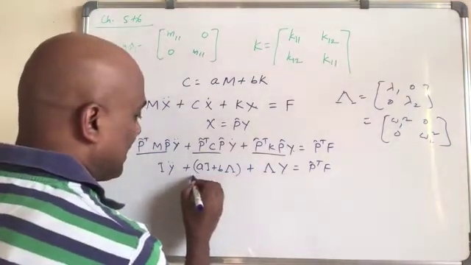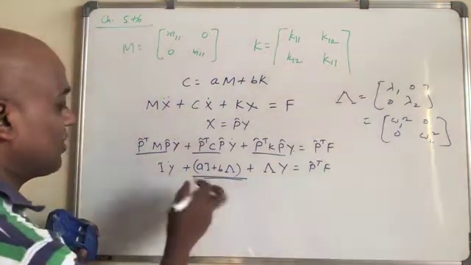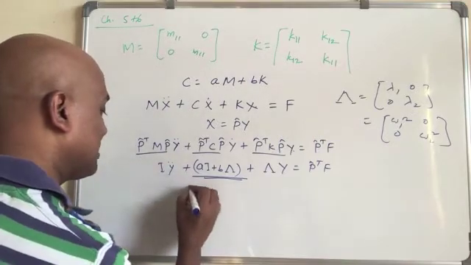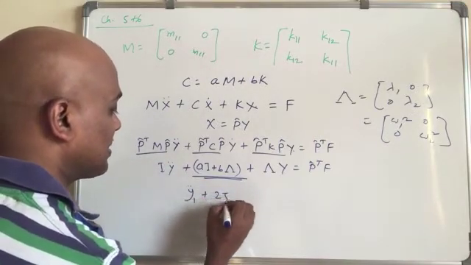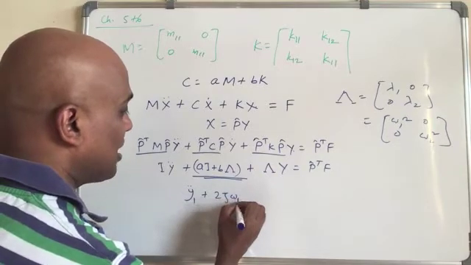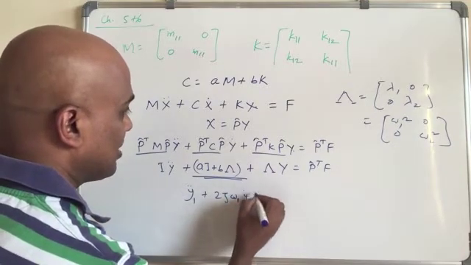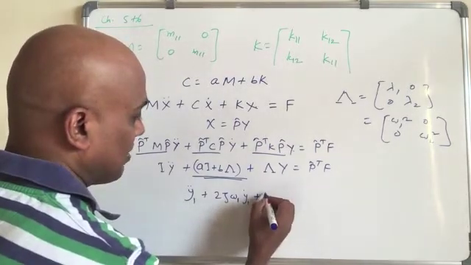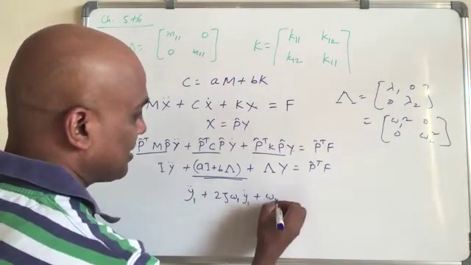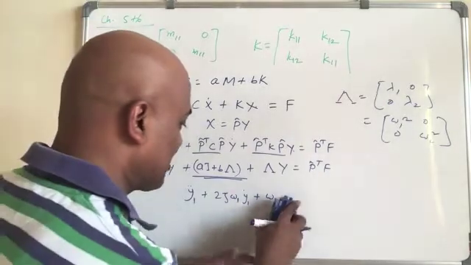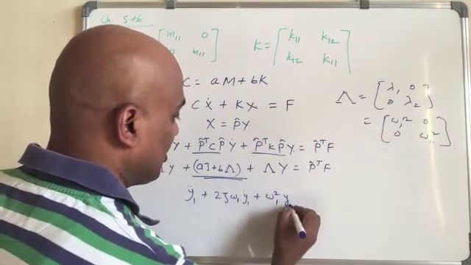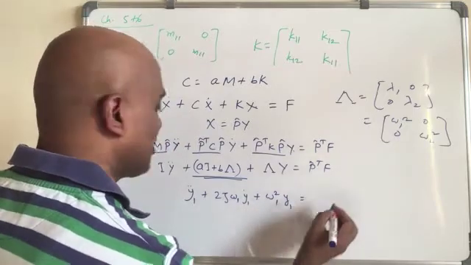One equation will be, as I wrote there also, y1 double dot plus 2 zeta omega 1 y1 dot plus omega 1 square y1 equal to some force F1.